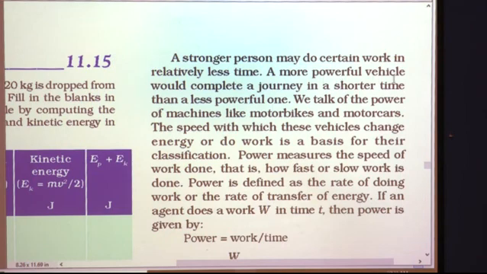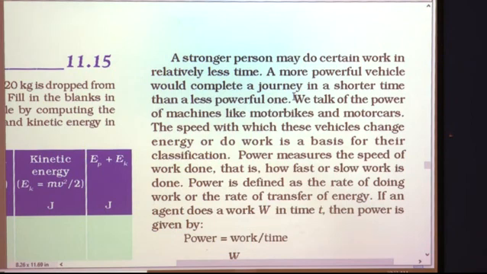A more powerful vehicle would complete a journey in a shorter time than a less powerful one. So here power is another concept which is very important. Suppose there are two vehicles, one is a very powerful vehicle, then it can complete the journey in a shorter time, whereas the other vehicle is less powerful, then it takes more time to complete the same journey by following the same route.